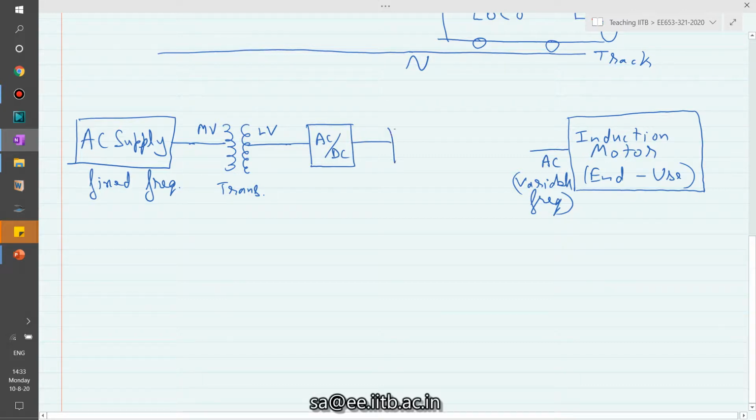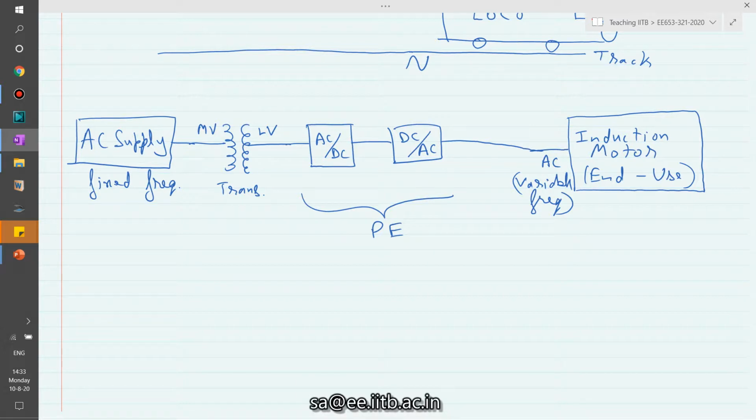And then you have a DC to AC converter, which converts DC voltage into variable frequency AC, which then goes into the induction motor, right? So you see, the role of power electronics is still quite substantial here. Without using power electronics, varying the speed of the locomotive would be a highly inefficient process. Power electronics makes it very, very efficient.